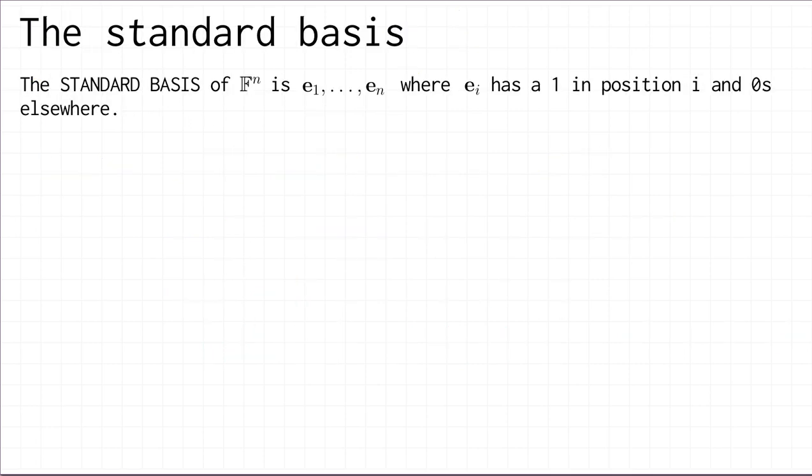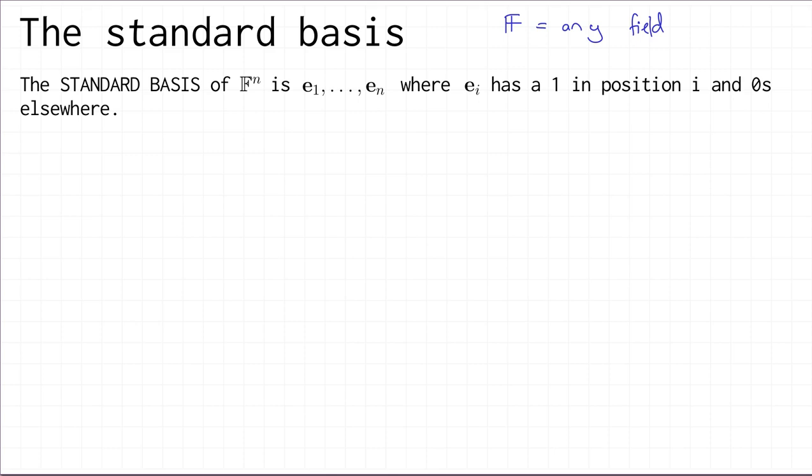Okay, so let's look at a generic example of bases, which is the example of the standard basis. So if you give me any field F, it might be the complex numbers, it might be the real numbers, it might be the finite field of order 5. Then we can form F to the n, which is the set of all column vectors of height n with entries coming from this field.